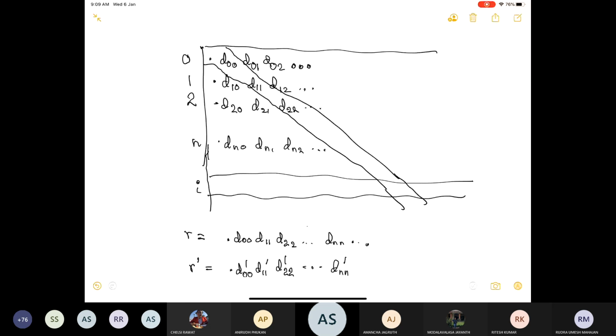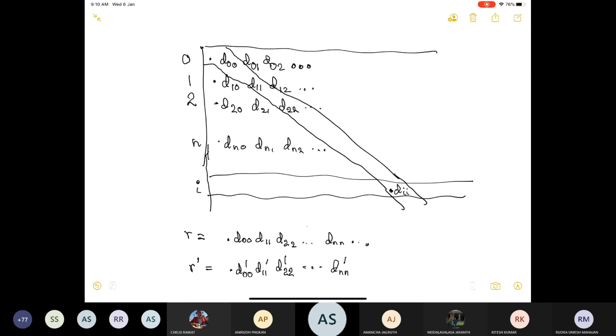But then by the construction of the table, the ith element in the ith row is DII, that's the digit here, right? But by construction, R dash, the ith digit after the decimal point is different from DII. That's by construction. So what we have is a number which does not appear in the enumeration, which is of course a contradiction, which says that this mapping is not onto, right?